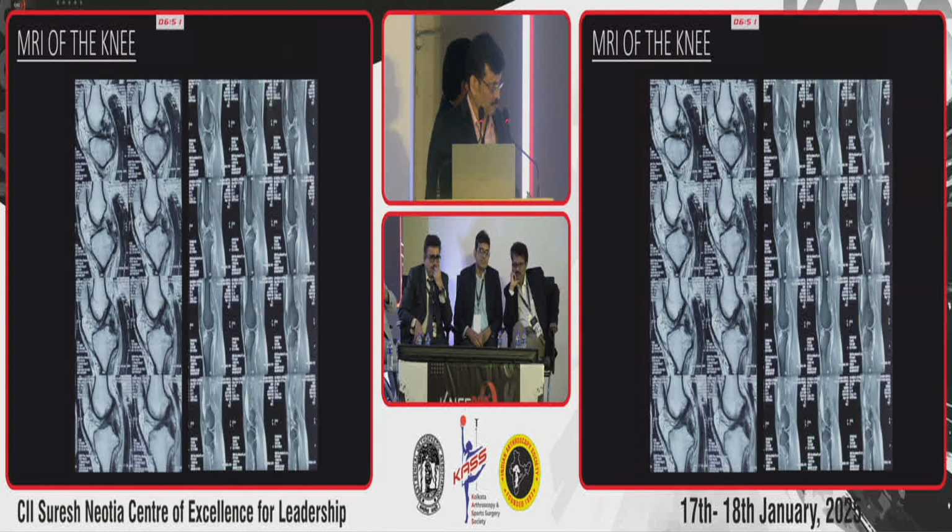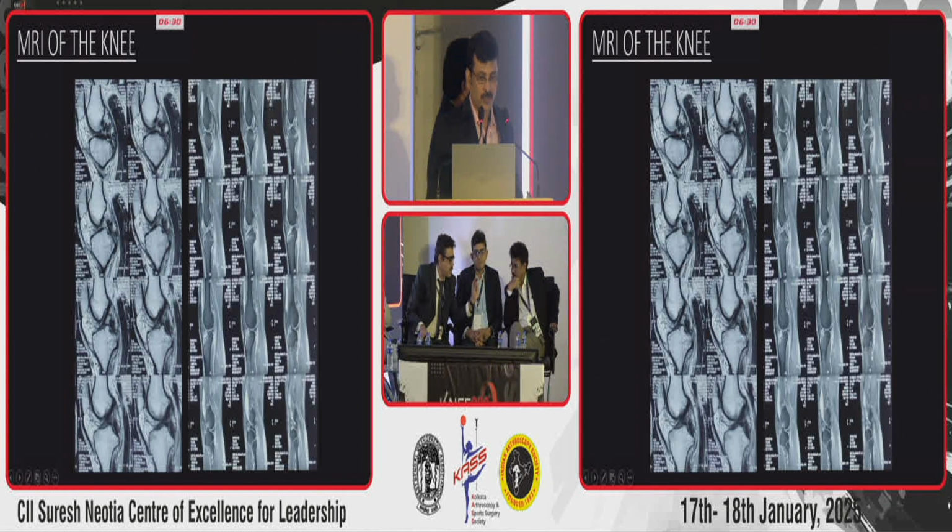There is also some compression on the front of the lateral condyle of the tibia. Also, if you see the coronal picture, you will see bony impaction and bone edema on the posterior medial corner of the posterior condyle of the tibia.